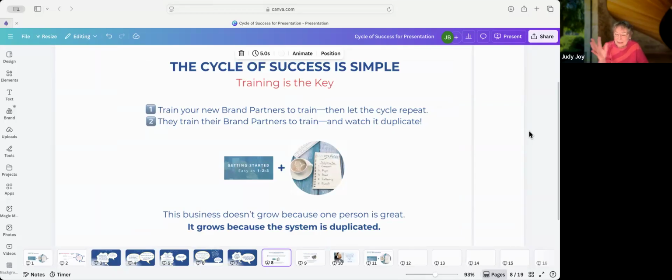Training is the key, and we now know what training means. Train your new brand partners how to train. Then let the cycle repeat. You don't have to keep hovering over them, micromanaging. You're there for them. You teach them the skills, and this is a big one, and then they train their brand partners to train, but only if it's a simple system.